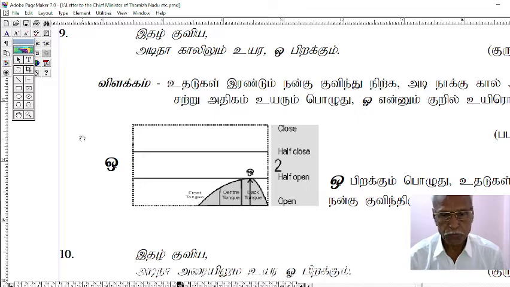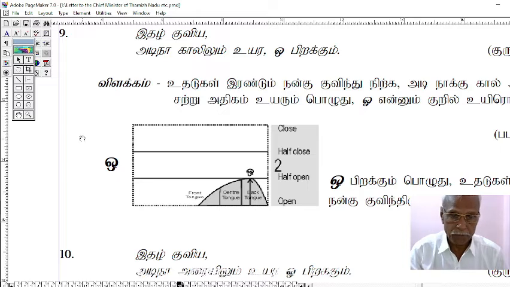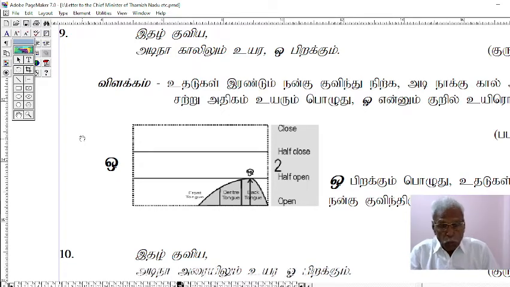That is, the phoneme O is produced by keeping the lips fully rounded and raising the back of the tongue just above the 1/4 position. When this sound is produced, the lips are fully rounded.